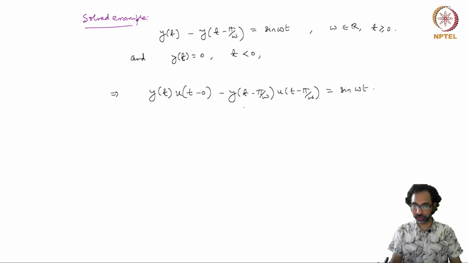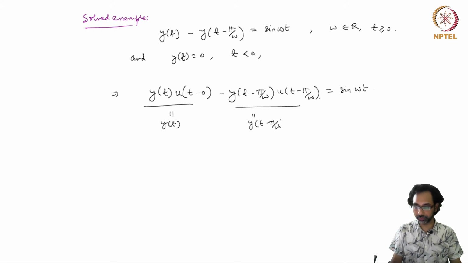We can write this because y(t) is equal to 0 for t less than 0. So this first term is equal to y(t) and this second term is equal to y(t - pi/omega).